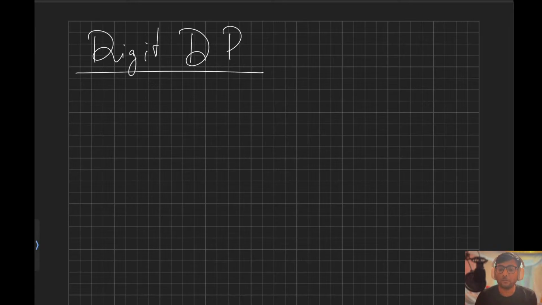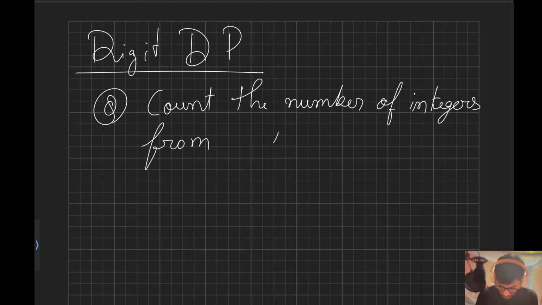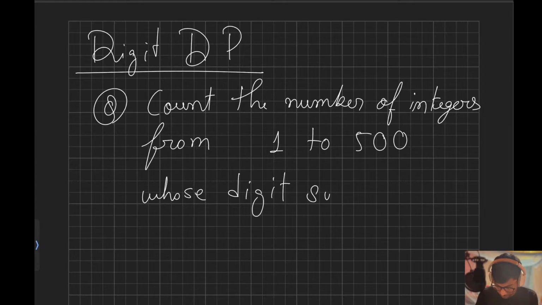Okay, so what is digit dynamic programming and why do we need this? For example, let's say you are given a question that says count the number of integers from 1 to 500 whose digit sum is 7.